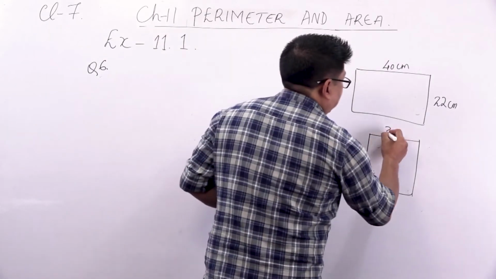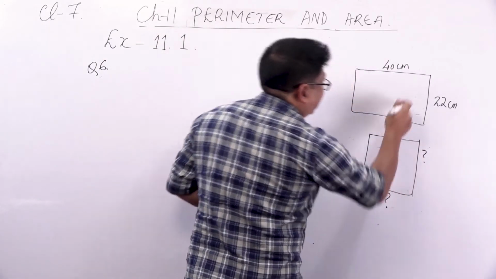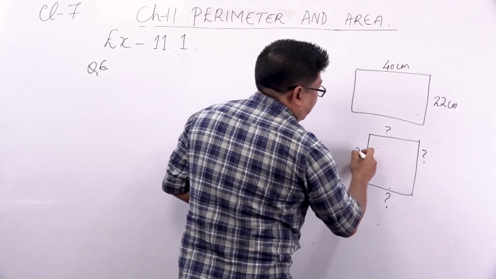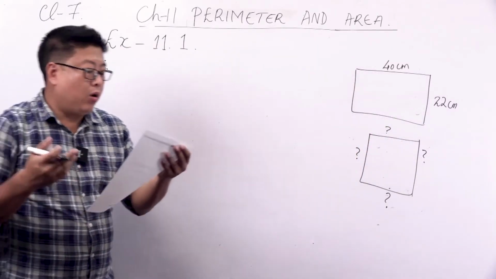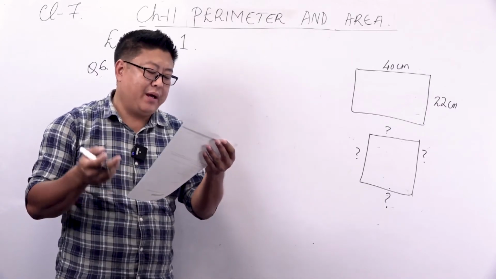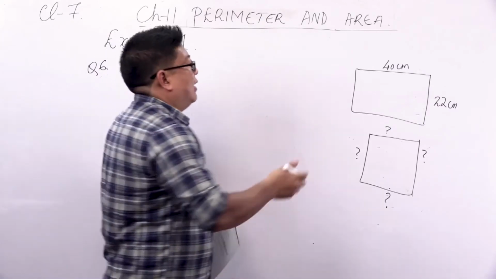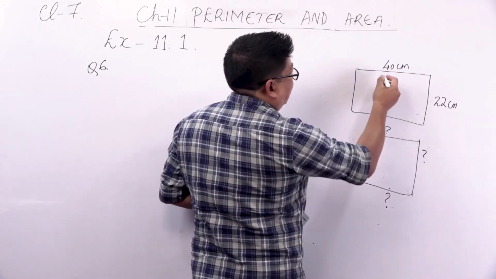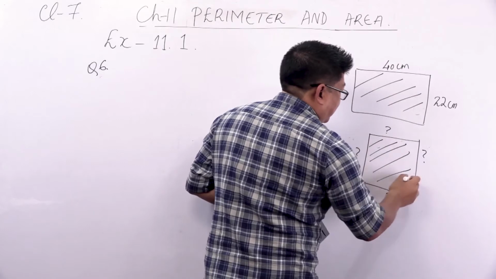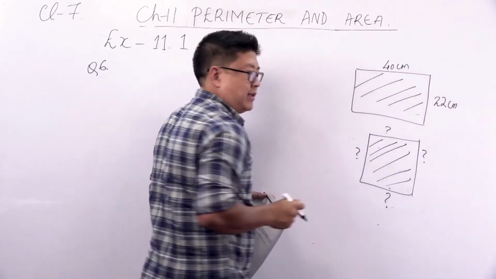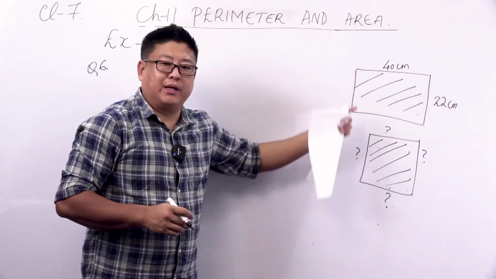That means if this same wire is used here, what will be the measure of each side? Also, find which shape encloses more area. After finding this side, we have to find out which is bigger and which is smaller.